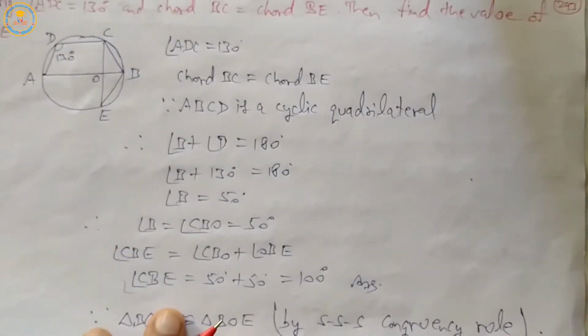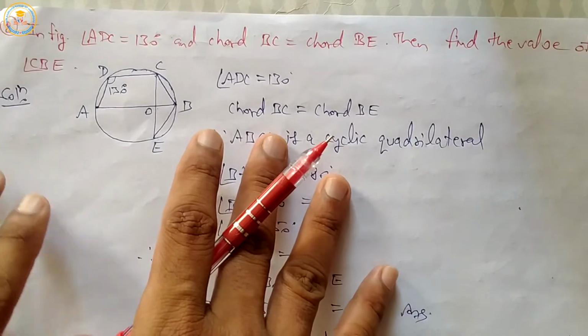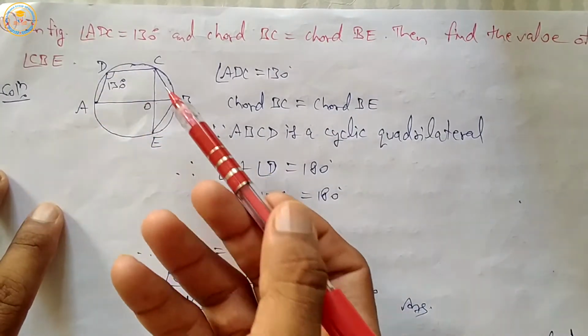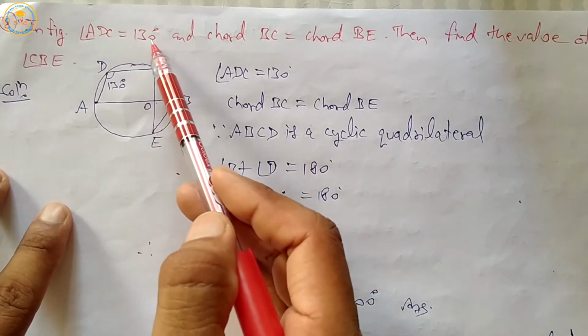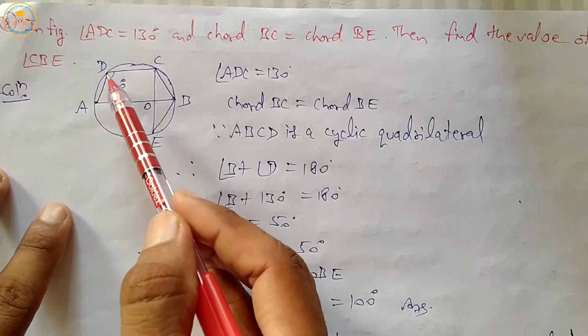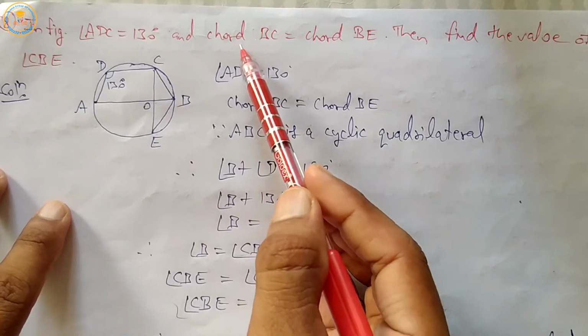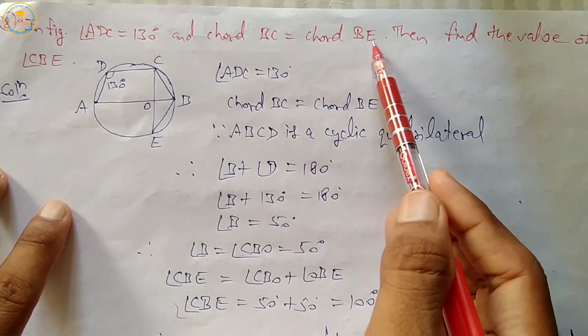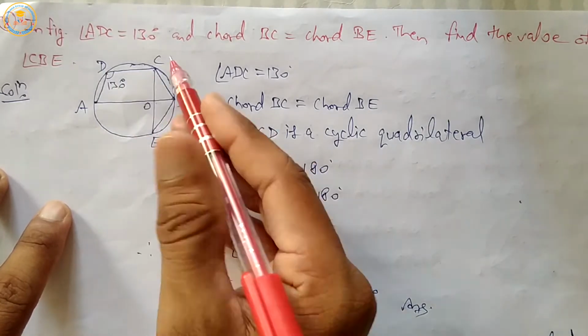Question number 8. The figure is given in the question. Angle ADC equals 130 degrees, that is, angle D is 130 as given. Chord BC equals chord BE, given.